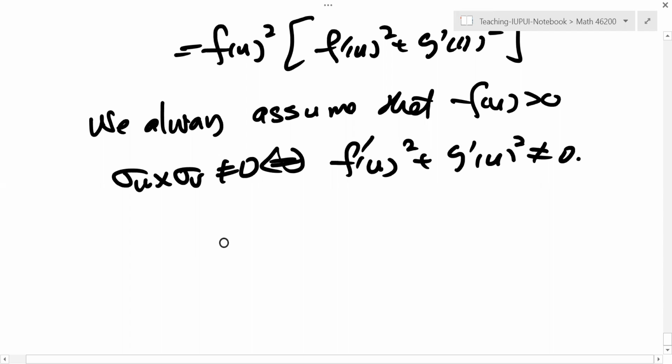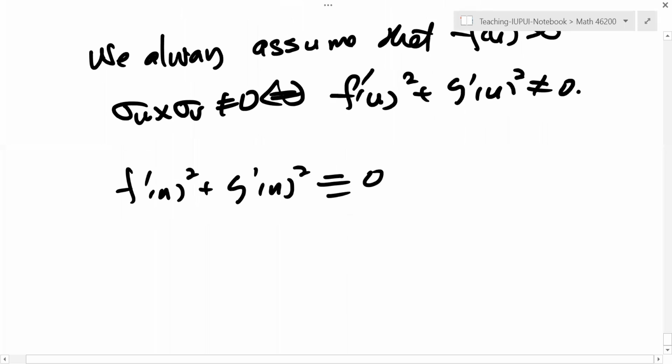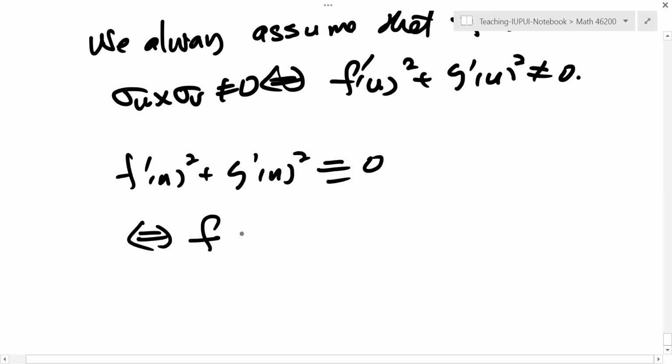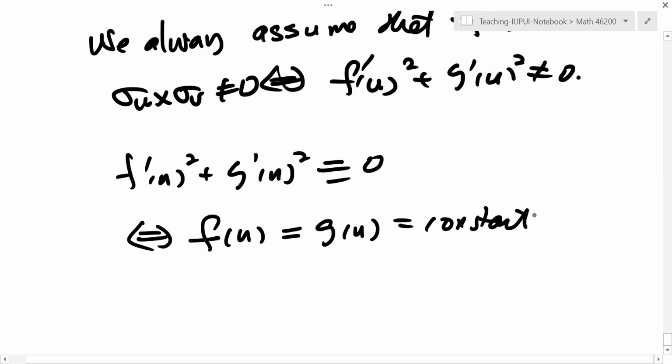So now what happens when this is going to be 0? This is identically 0 if and only if F u equals G u equals constant. They're both constant.